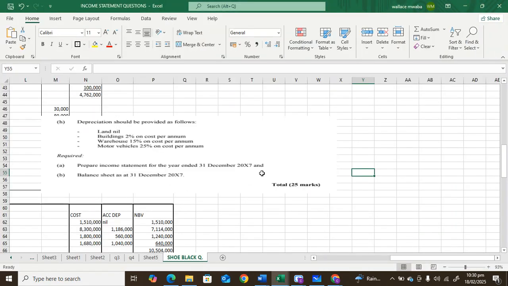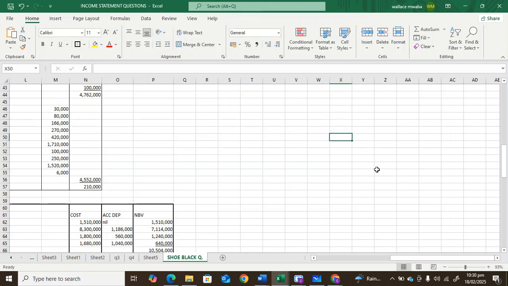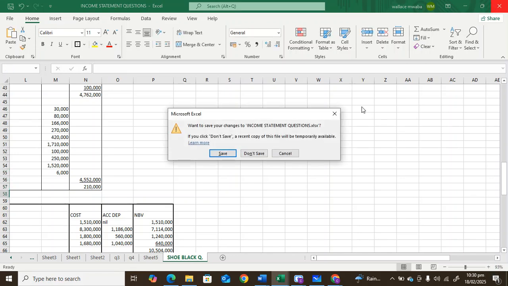Yes. So first thing that you need to add to the gross profit is discount received. I don't know why this thing has frozen. Let me close it and open it.